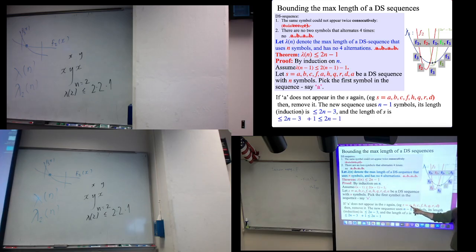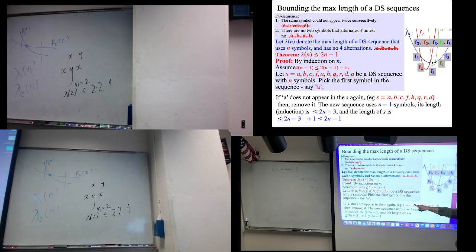Easy case. If A doesn't appear anywhere else in the sequence, then let's get rid of it. Now I have a sequence that has n minus 1 colors, n minus 1 symbols, so I can use the induction hypothesis.